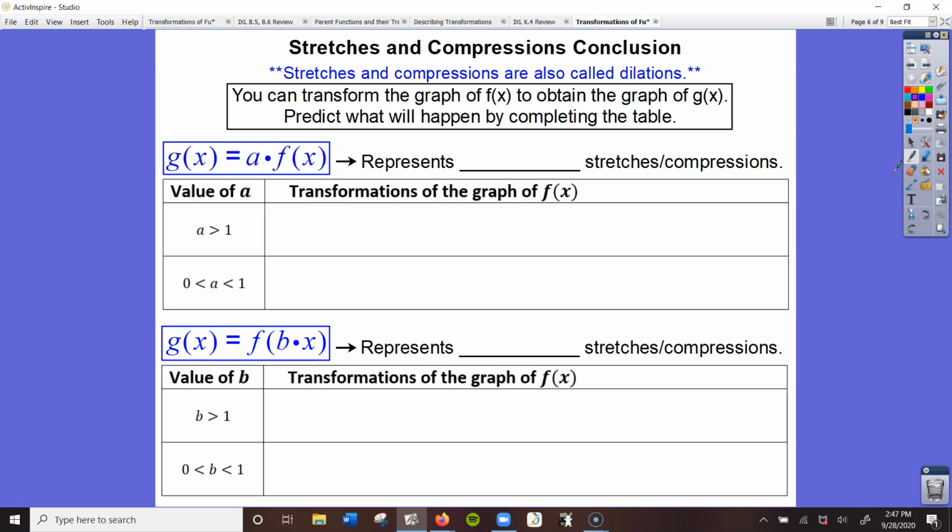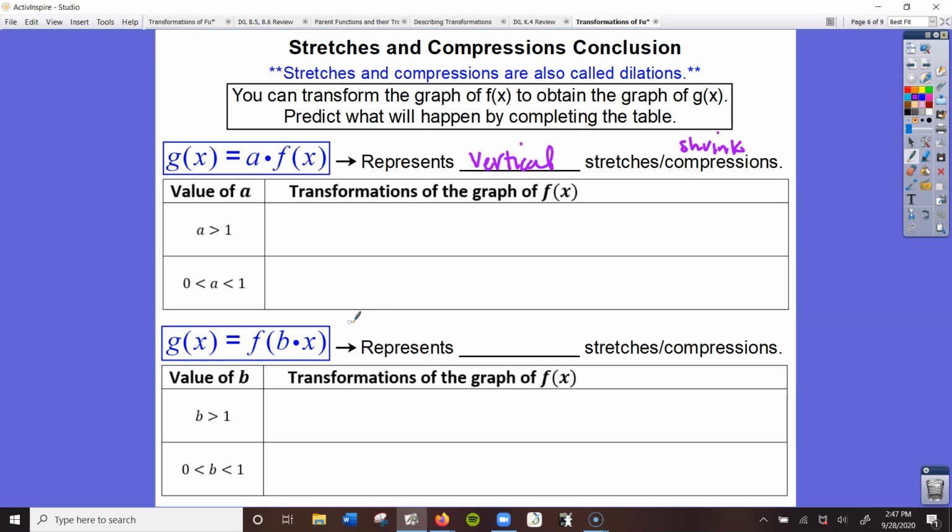So to wrap up translations, dilations. When you have a number being multiplied outside with f of x, this represents some kind of vertical stretch or compression, which remember I said is the same thing as a shrink. If a is greater than 1, so this number here, whatever we're multiplying is like 2, 3, 4, right?